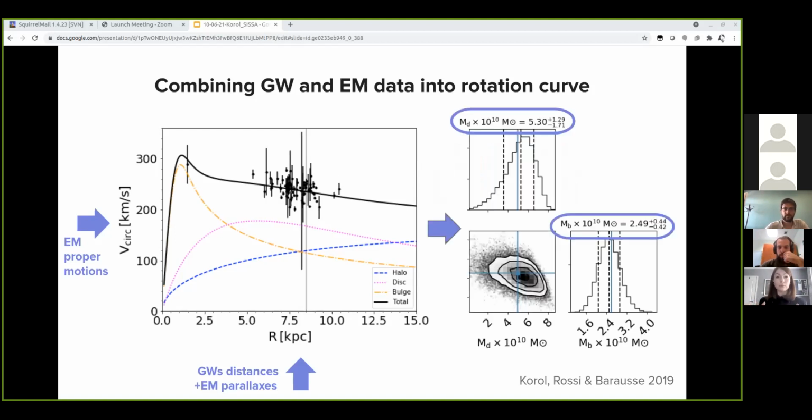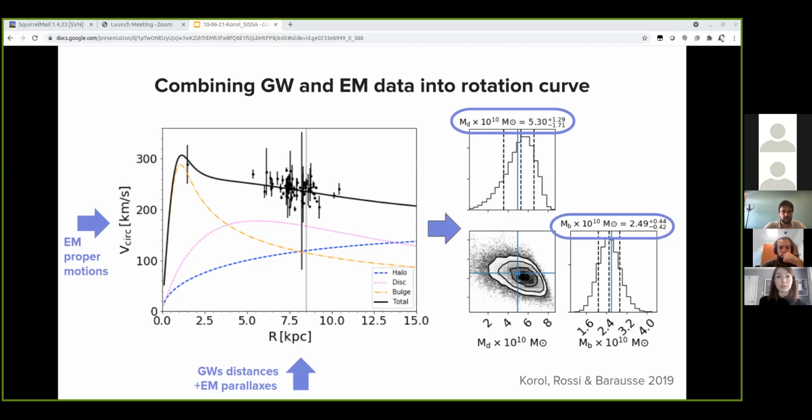Now if we fit simultaneously those density profiles from one slide before and the rotation curve, in addition to the scale parameters, we can also recover the masses of the bulge and of the disk, and those are the posterior distributions that you see on the right.